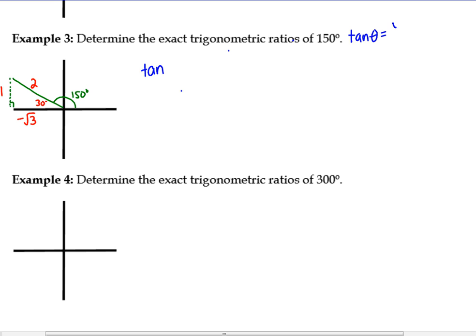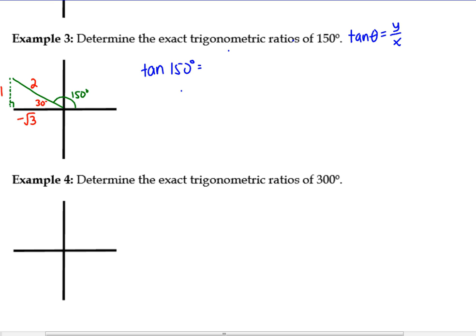So tan is y over x. Let's find tan 150. Notice I'm writing my rotation angle. I'm not looking for tan 30, I'm looking for tan 150. The reference angle is helping me get the ratio, but the 150 changes the sign, because if we were doing tan 30, cos 30, sine 30, they'd all be positive values.